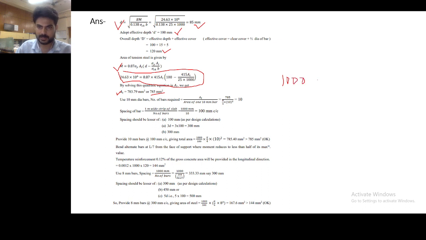1000 into, let's say, diameter of one bar we have considered as 10 mm, then the area of that bar becomes 78.5 divided by total area. Total area is what? 785.